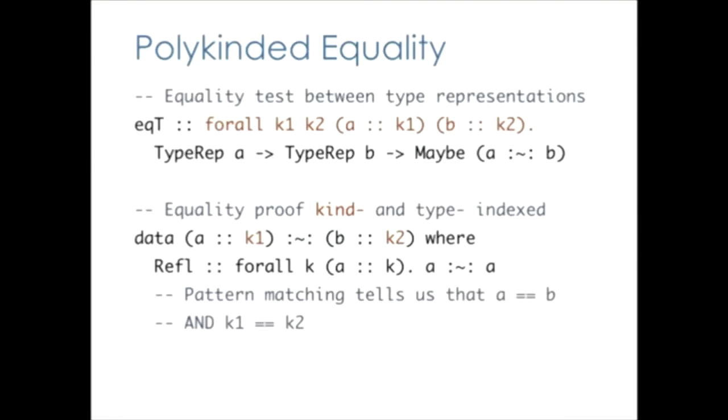So here, our only constructor for this equality is going to create an equality between A and A, and here we know that both of these arguments have the same kind. So what that means is this guy right here is indexed by types, because pattern matching tells us type information, but it's also indexed by kinds, because pattern matching is also telling us about this kind information.